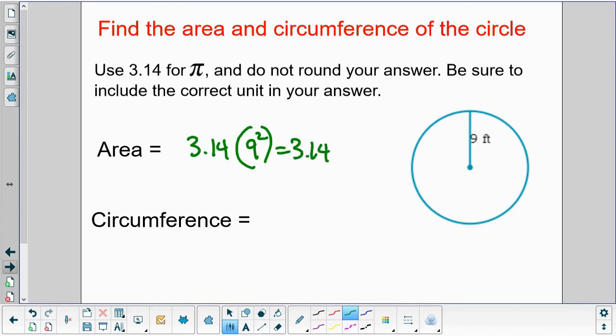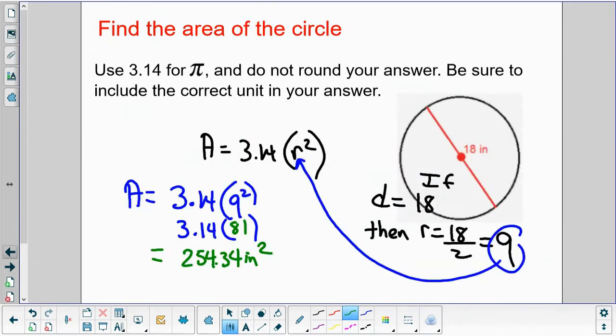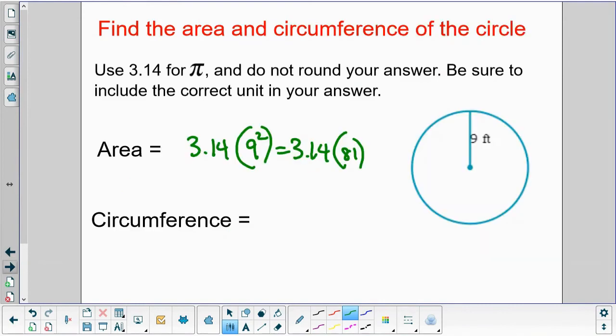Didn't I just see that not long ago? That would be 3.14 times 81. And let's go back. The answer to that one was 254.34 inches squared. So we already got that answer. So let's go back, 254.34 inches squared, or feet squared, excuse me.